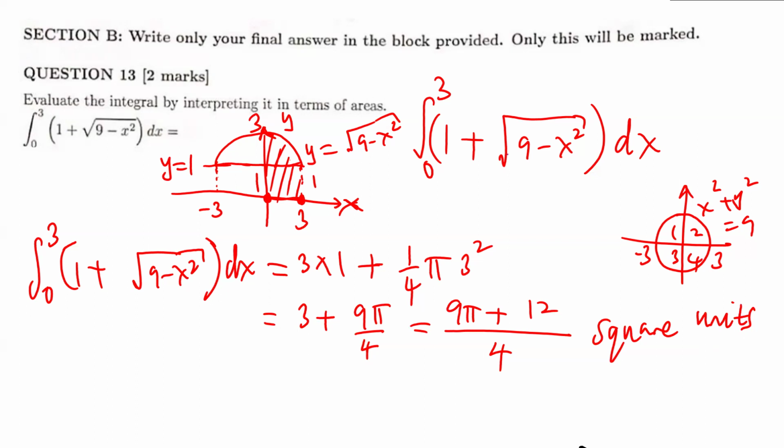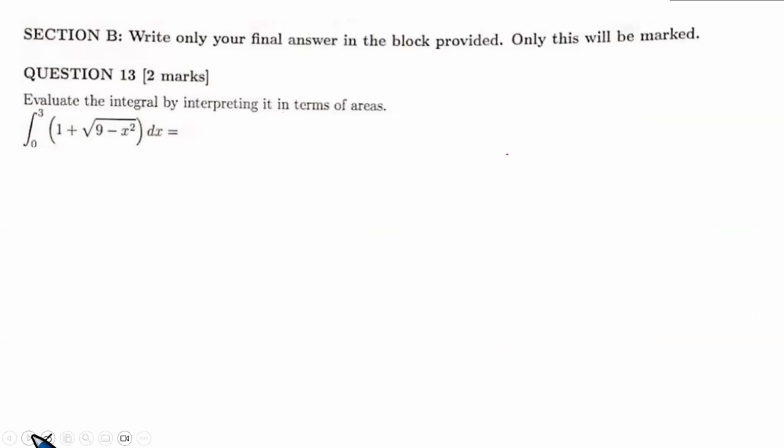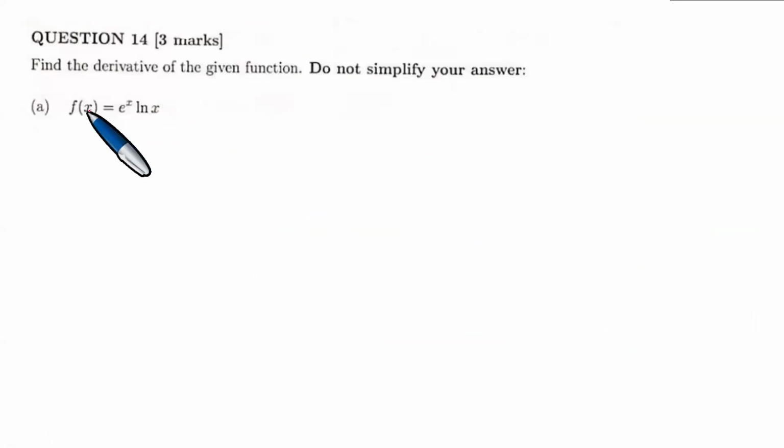Right, so in the next case, we analyze the next question. What is the next question? Let's check. Find the derivative of the given function. Do not simplify your answer.